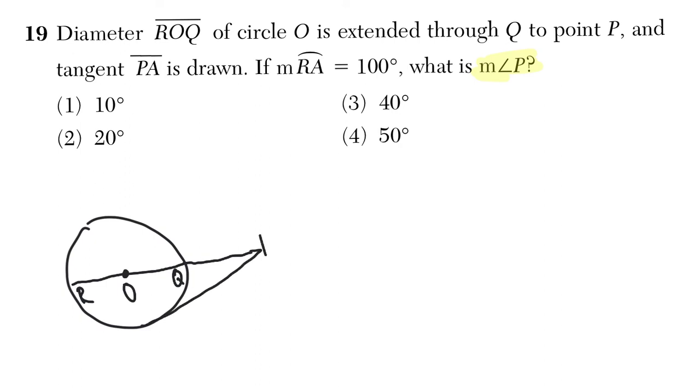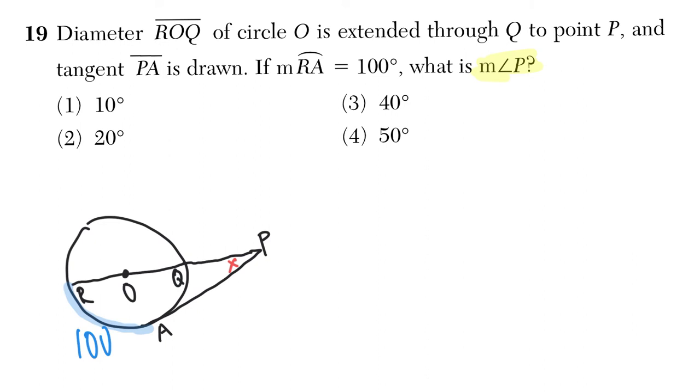Okay, so here we've got point P. And then we've got PA is drawn. And it says if angle RA is 100 degrees. So let's indicate that like so. So if this is 100 degrees, it says what is angle P? And we'll have that indicated right here. So I'm going to indicate that as an X.